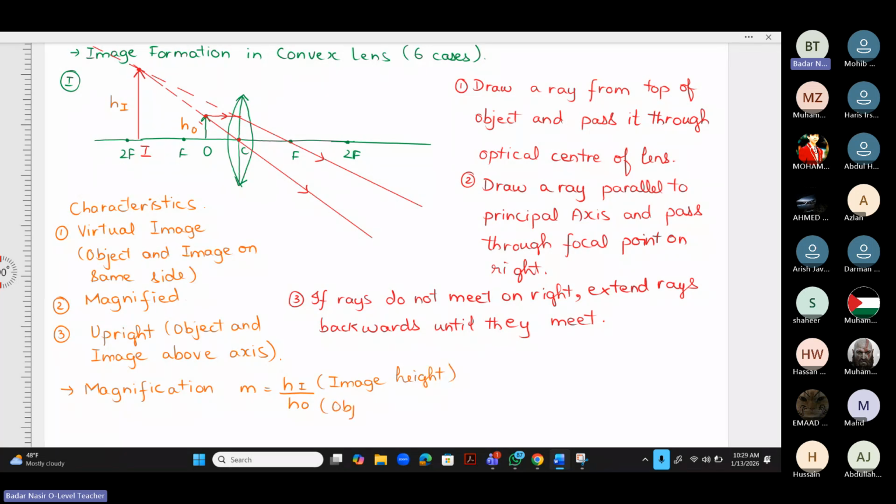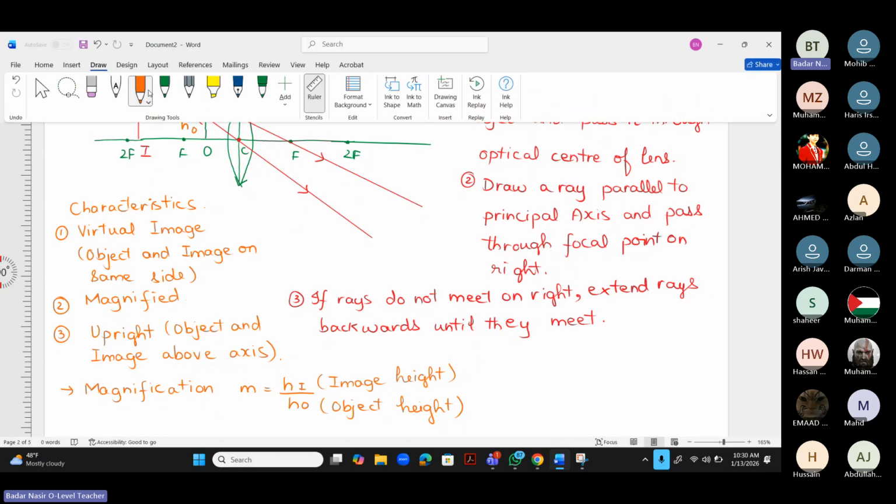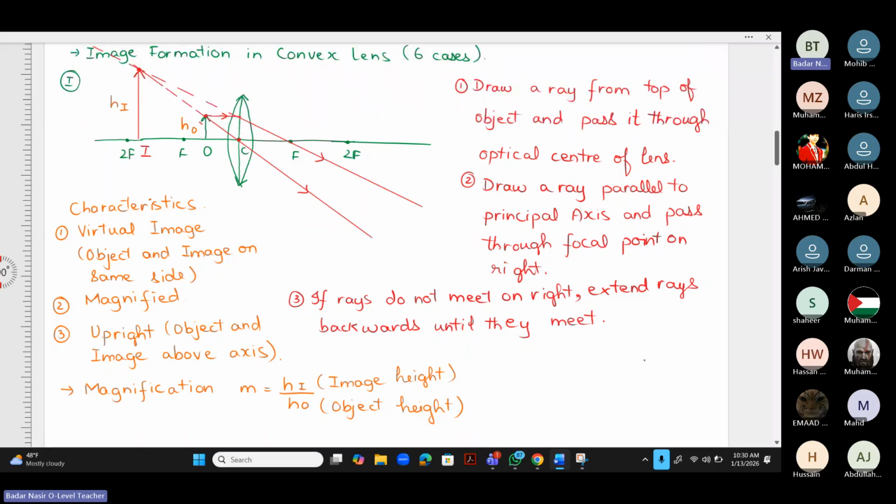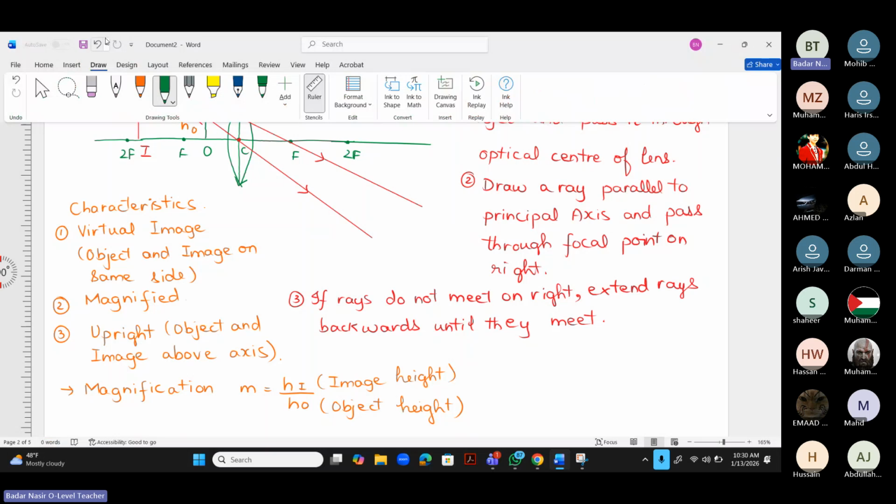Or you can just simply use distance of image from the optical center divided by the distance of object from the optical center, and that was the first case that we have done. अच्छा, now इसी को as a basic principle use करेंगे, and we will just solve the other cases as well.